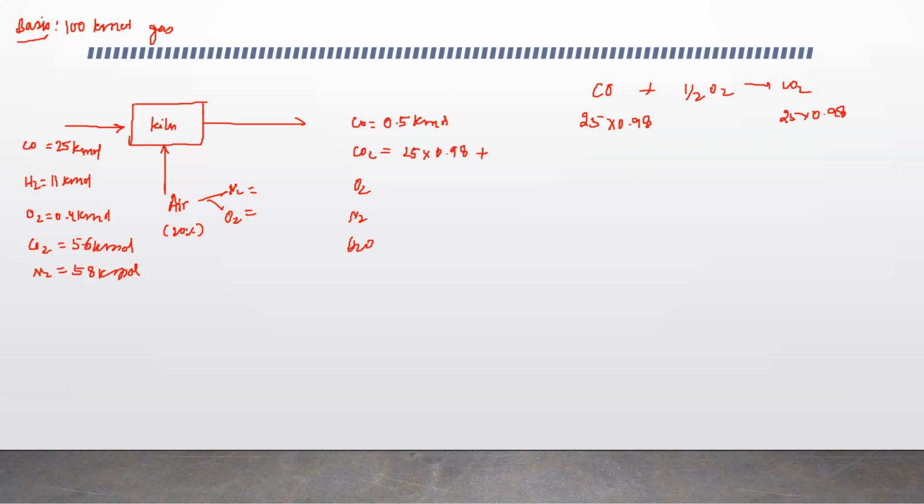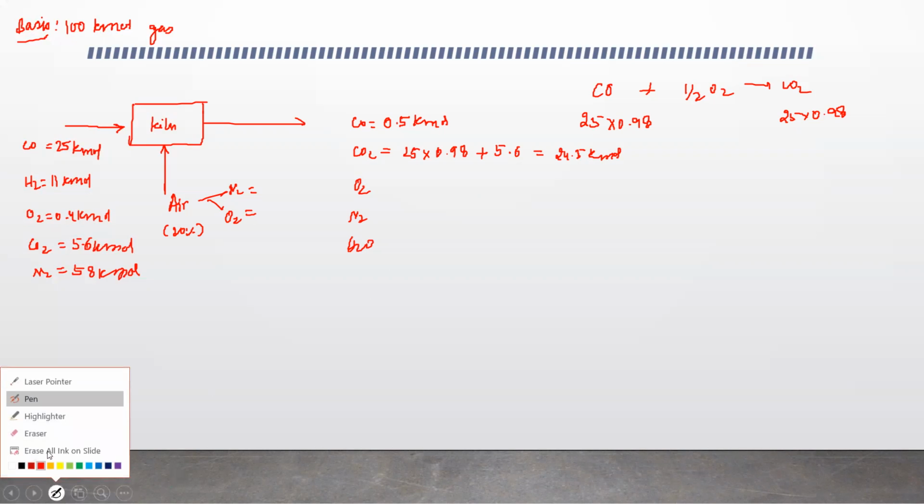And apart from that, we also have carbon dioxide from here, so that is 5.6. So altogether, we are going to get 25 into 0.98 plus 5.6 carbon dioxide is going to be 24.5 kilo, right? Just a minute, I'm sorry. It's just this, we have not included carbon dioxide.